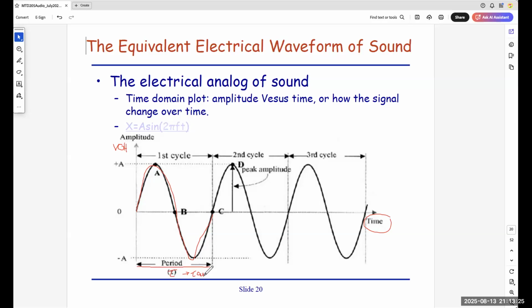If you go overseas frequently, or look at your laptop power charger, you realize that it runs at 50 hertz. Tau is the period of one cycle.